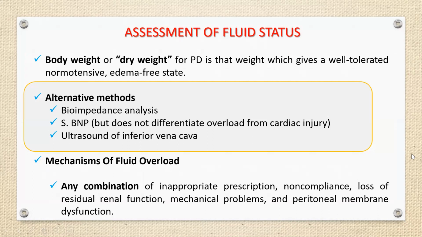Mechanism of the fluid overload. Any combination of inappropriate prescription, non-compliance, loss of residual renal function, mechanical problem, or peritoneal membrane dysfunction leads to fluid overload. So these are the basic common causes of fluid overload in the peritoneal dialysis patient.